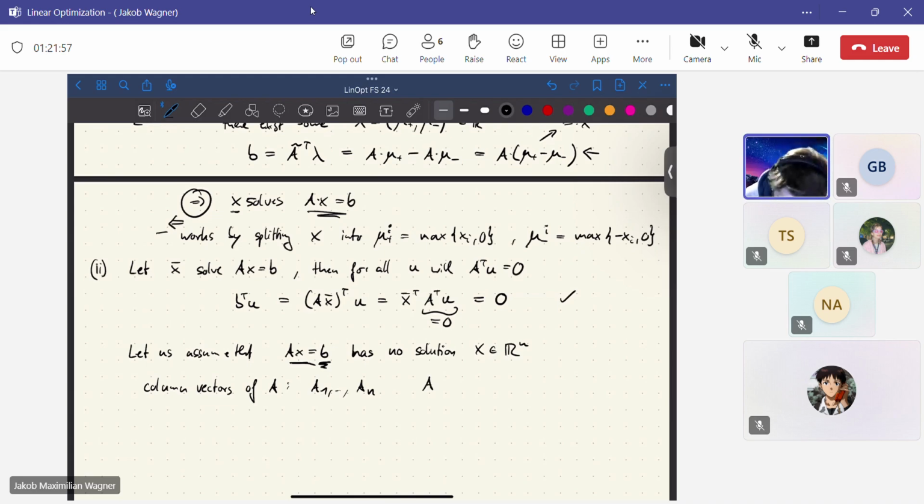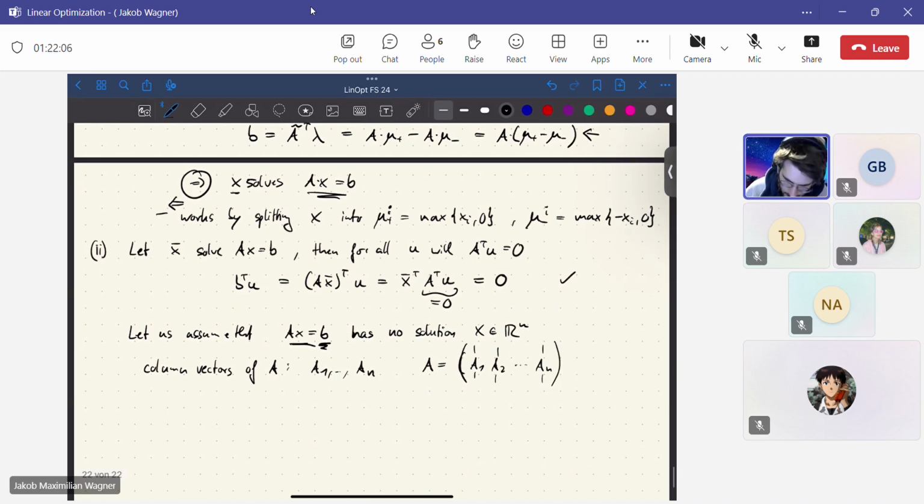So we have that A is A1, the column vector, A2, the column vector, and so on to An. And if this has no solution, we know that b is not an element of the span of the A1 through An, because if this were the case, then we would obviously have a solution.